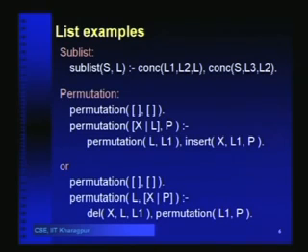See, the problem that will happen here is that if L is instantiated and this is uninstantiated, then P is not known at that point of time. So when you try this one first, your L1 is not known, P is not known, and you can potentially go into an infinite recursion.